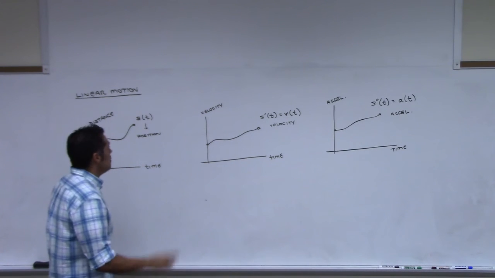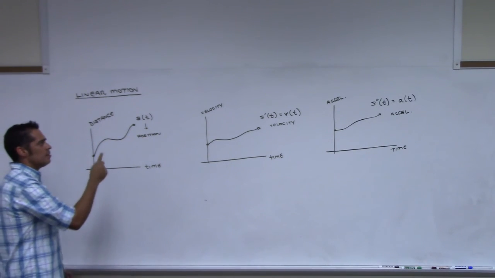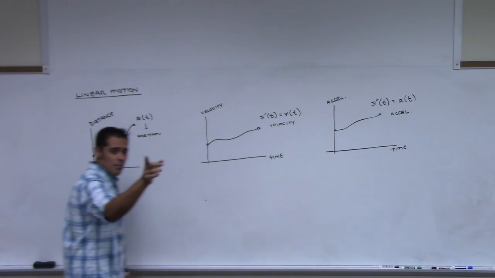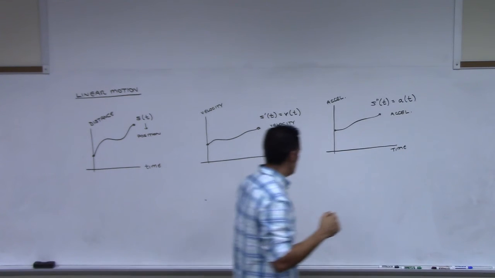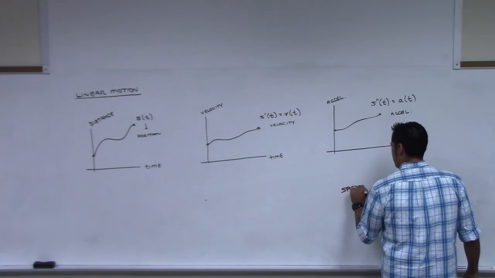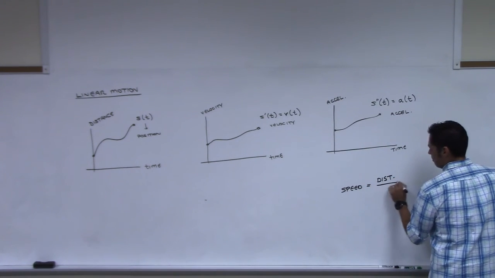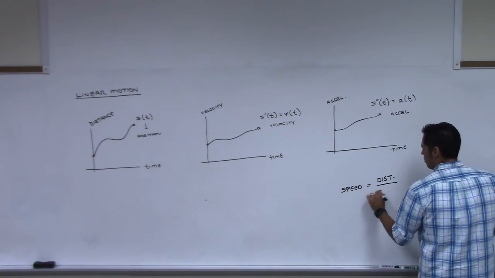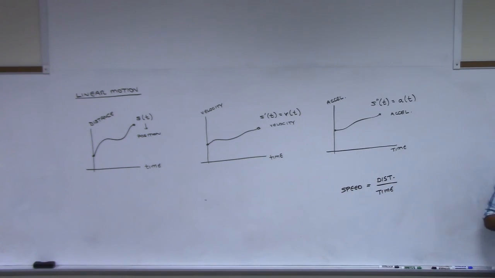Okay, let's talk about why the derivative of this is velocity. I want to clarify this for everybody, because you may not have actually thought about it too much. When you talk about speed, the very layman's definition is distance over time. It's the amount of distance you cover over a certain time period. That's really the average speed of something.